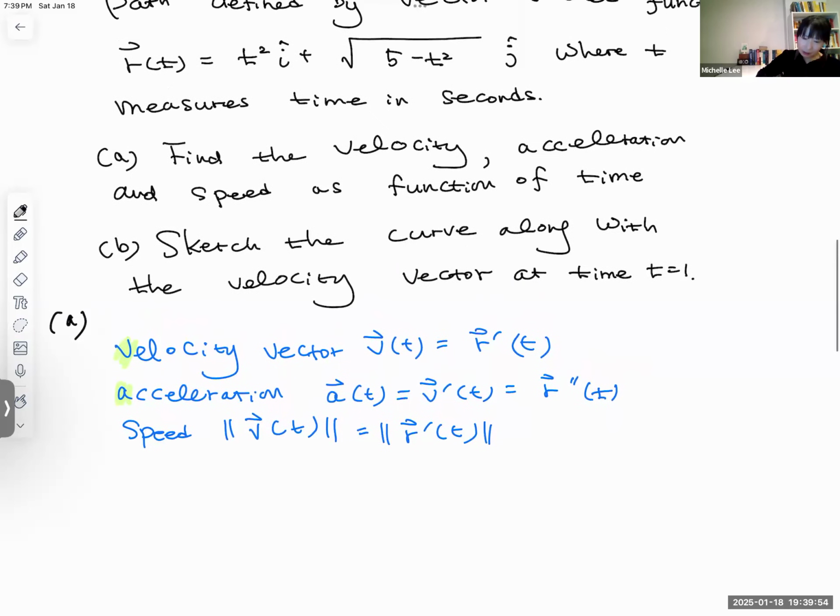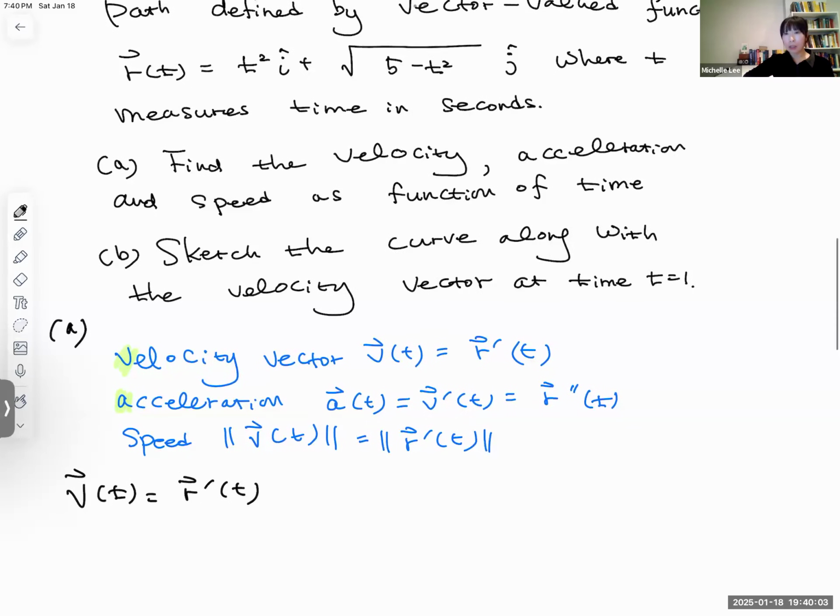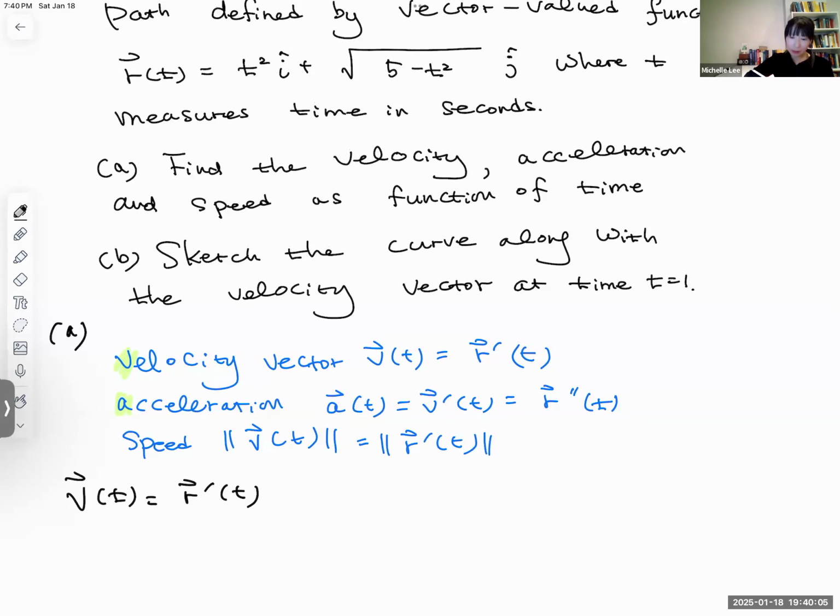Okay, velocity is the same as the first derivative of the vector valued function r of t. So we take the derivative: there will be 2t i hat, and this will be 5 minus t squared to the 1/2.